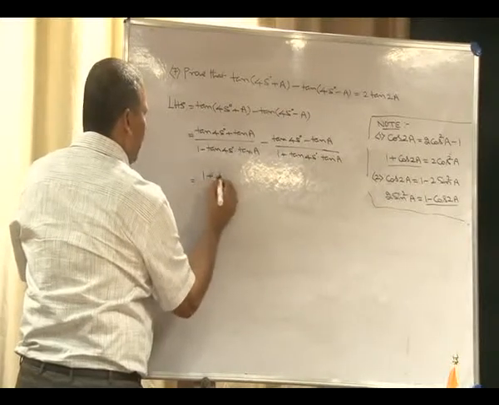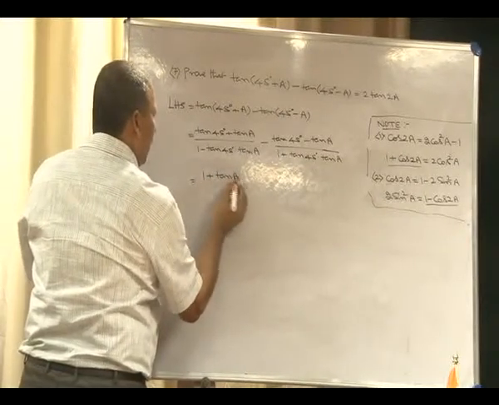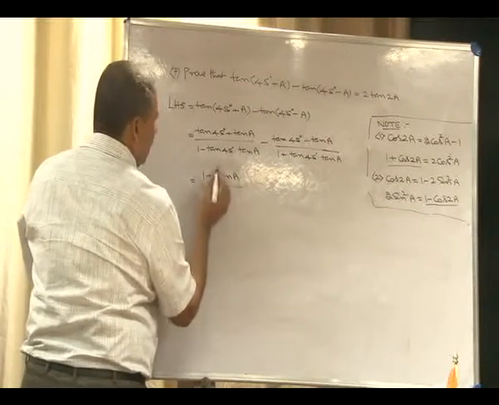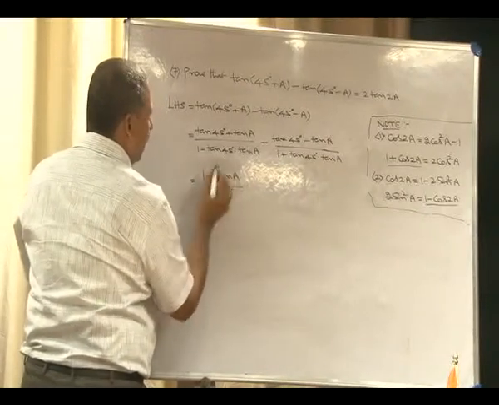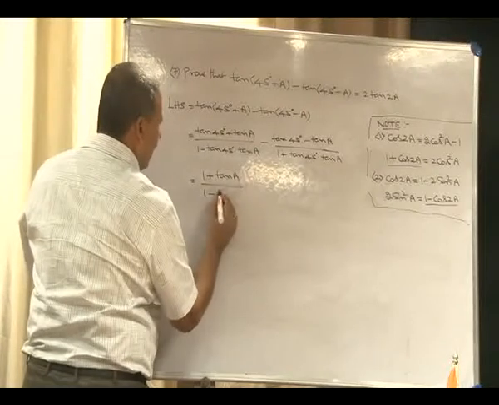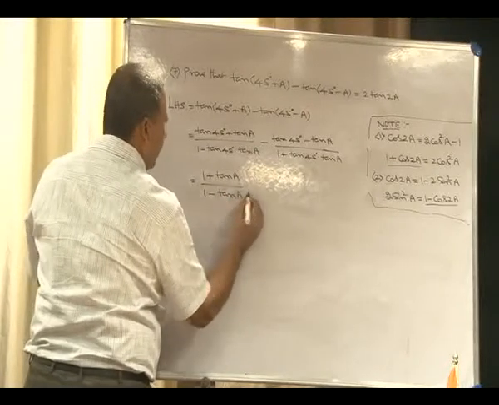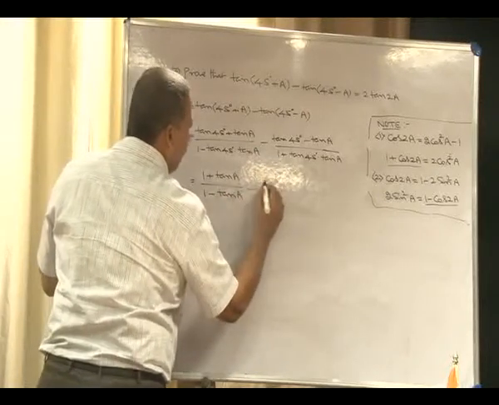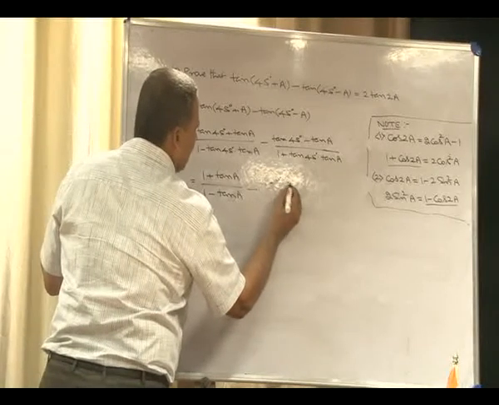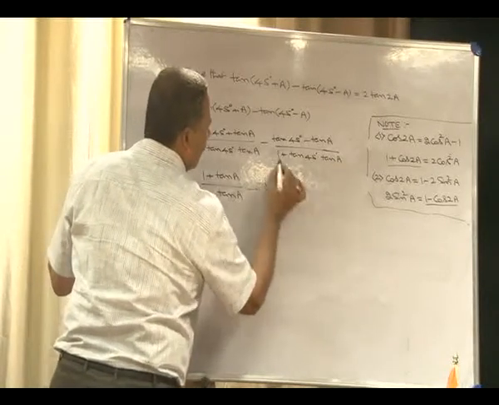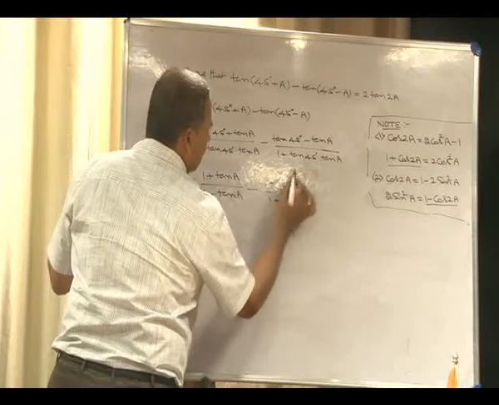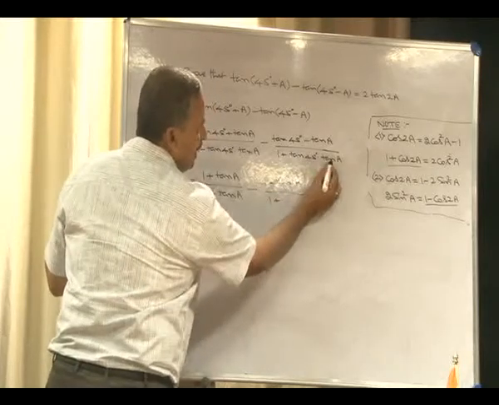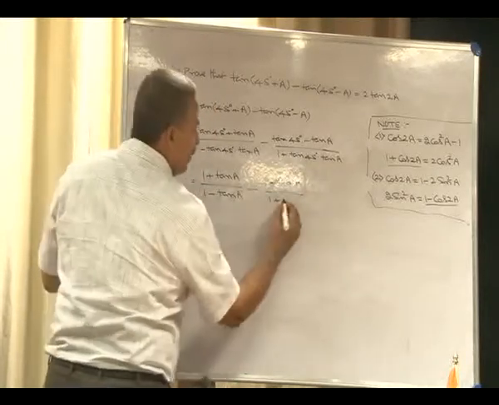So 1 plus tan A by 1 minus, here tan 45 is 1, that 1 into tan A is tan A, minus, tan 45 value is 1, minus tan A by 1 plus the tan 45 value 1 into tan A is tan A.